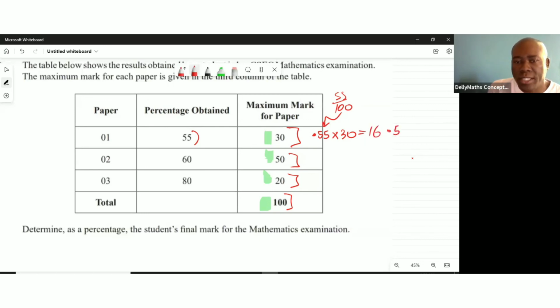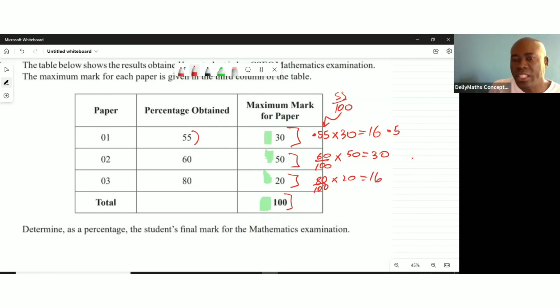If we work out 60% of 50, that is 0.6 times 50, we get 30. And if we work 80% of 20, 0.8 times 20, we get 16.